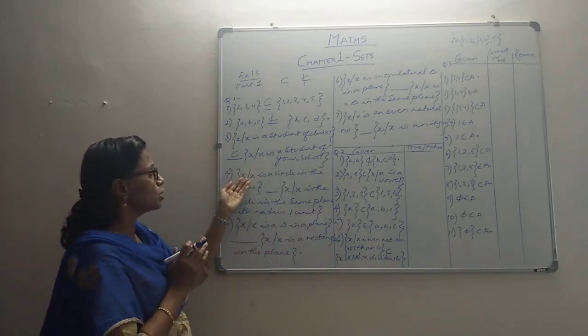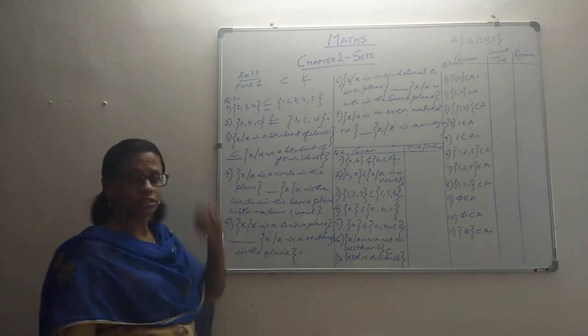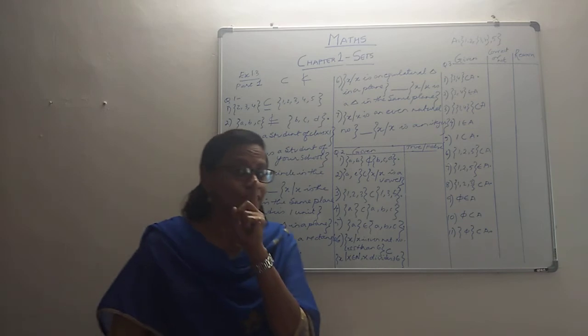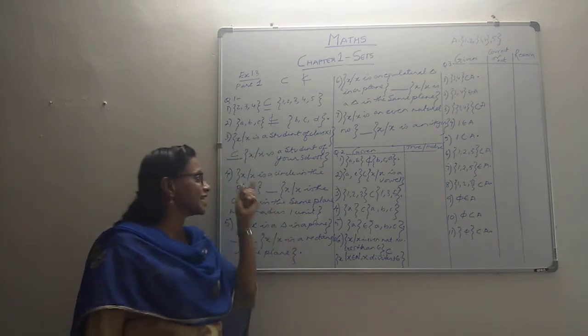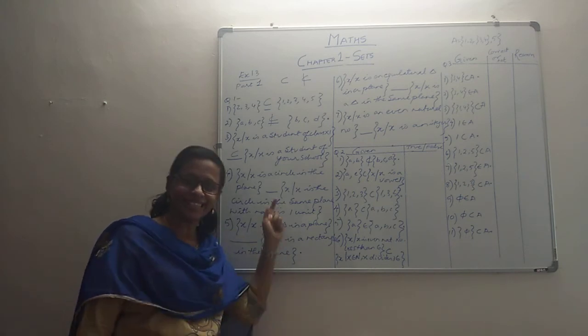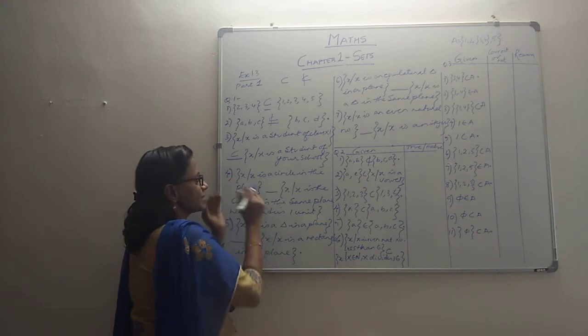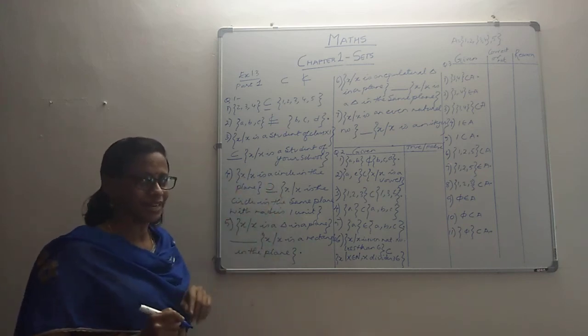This set has all kinds of circles, with whatever radius you want. But the other set has only those circles whose radius is 1. So this is a much smaller collection, a smaller set, and this is a bigger set. So this is a subset of that set.